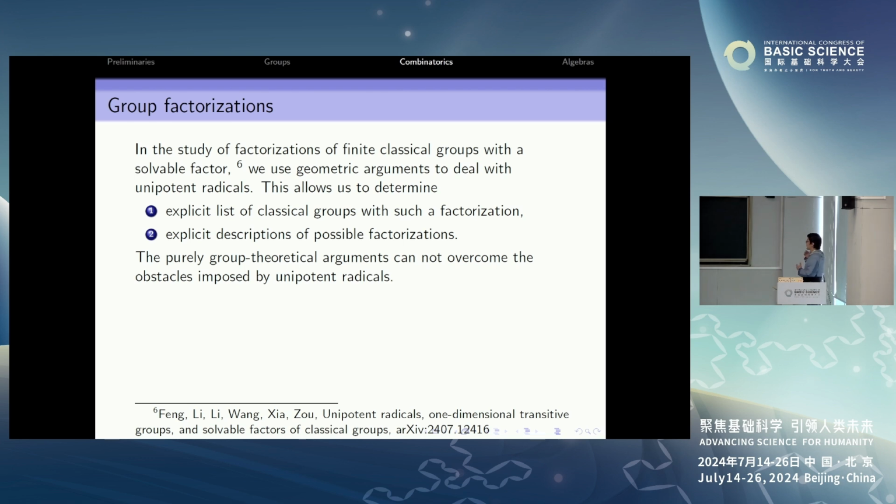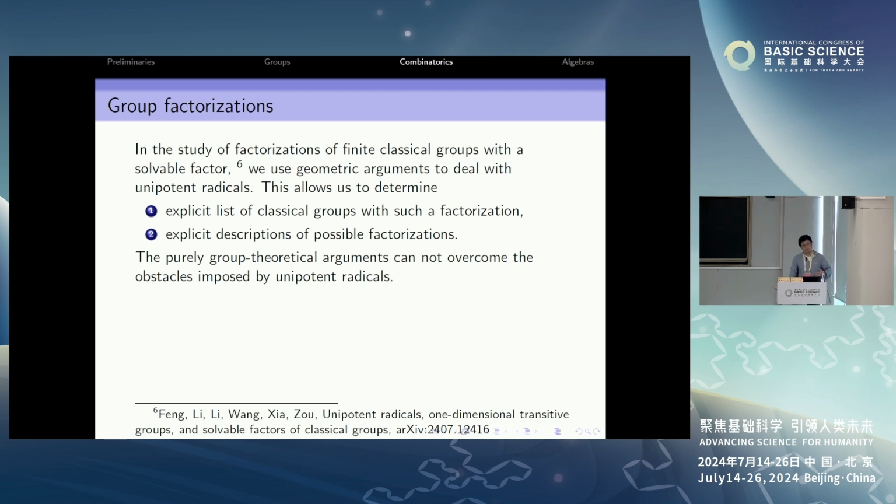This problem is a purely group theoretic problem, and they cannot solve it by using purely group theoretic arguments. So by using geometric arguments, we are able to give a complete solution. This was posted on arXiv a few days ago, and we got pretty positive comments from group theorists working in this field.